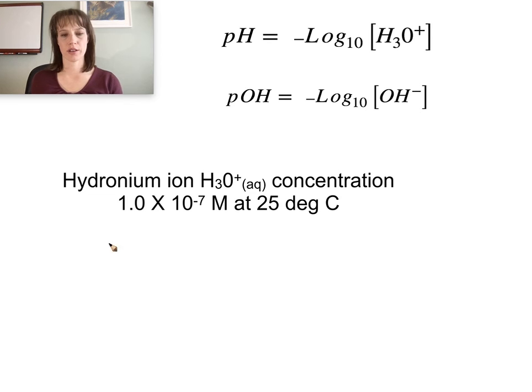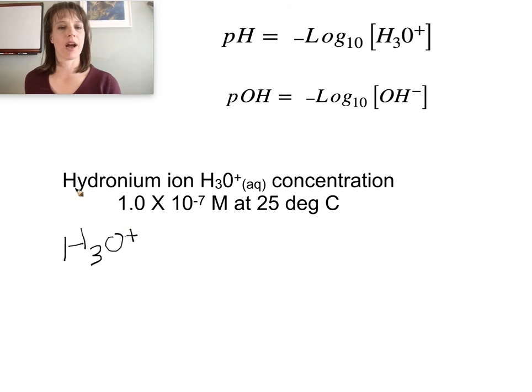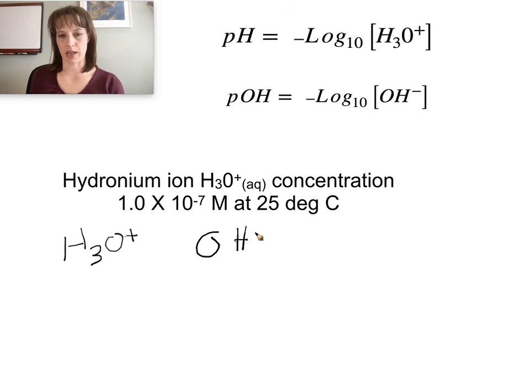And we discussed earlier that for every hydronium ion that breaks off, where hydrogen breaks off and becomes a hydronium ion in solution, there is also one hydroxide ion left over. So in fact, the concentrations are equal because it is 1 to 1.